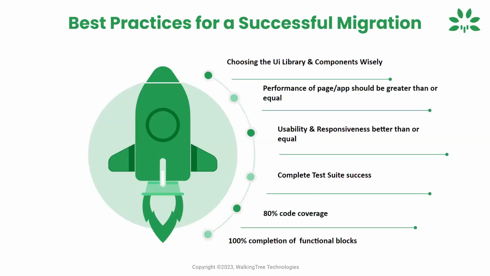Best practices for successful migration: we can choose libraries like Angular Material and PrimeNG to wisely use their components while migrating. Suppose ExtJS has a grid, the same grid we can create from the Angular Material or PrimeNG grids.